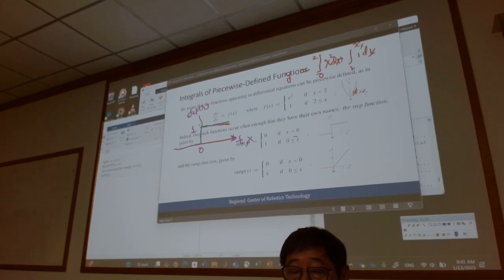Because it is a step function, the magnitude here is 1, because it is a unit step. Sometimes we call it the unit step function.